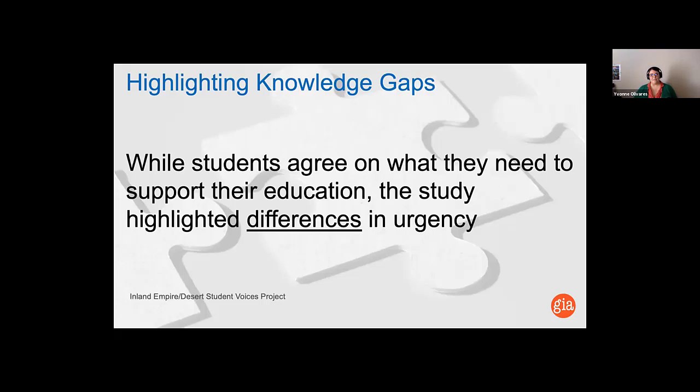But something we kept seeing really common throughout was that students tended to agree on the solutions. The difference was on why they needed any particular solution, which was really based on urgency. Like, how big of an impact would it make? Do they agree this is important because it'll make things easier, or because without it, right now, they've got just a solid barrier to their success?